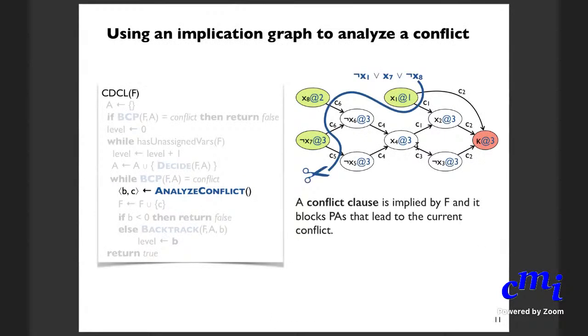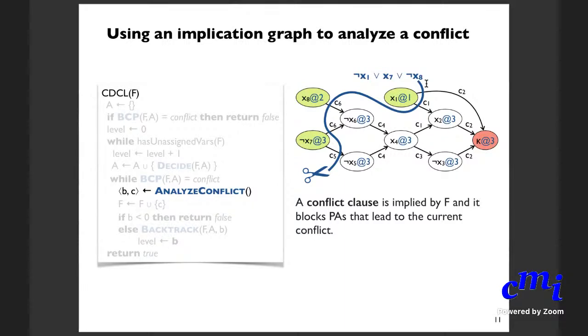See, there is every cut on this implication graph that splits this graph into two disjoint parts. One has all the sources, which are the explicit decisions, on one side, and the conflict node on the other side.